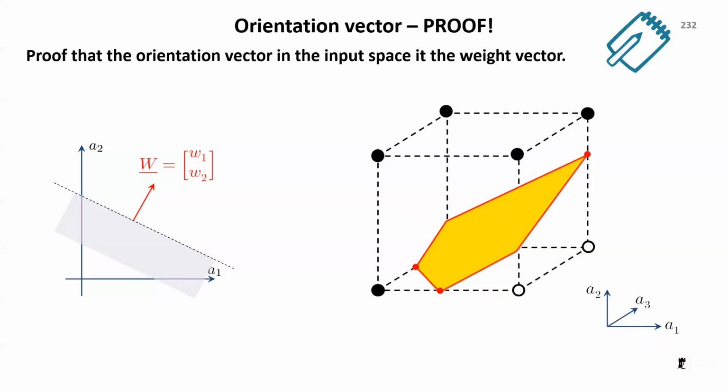The normal vector is the orientation, and that orientation is also the weight. So this is a very important concept. If you can draw the discrimination plane, it means you know the weight. That's the first very important concept. If you can draw the discrimination line, you know the weight.